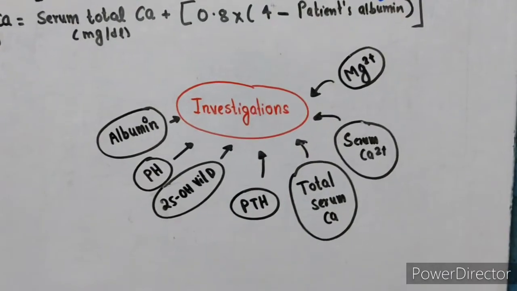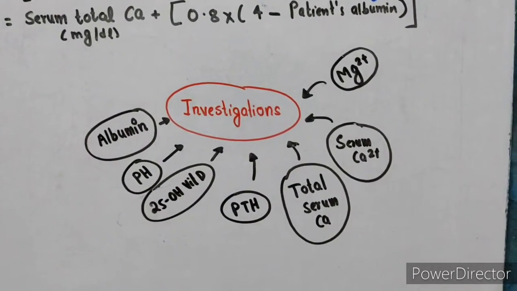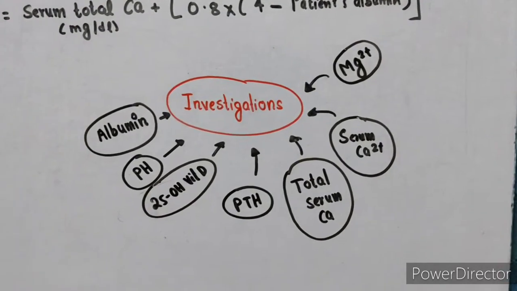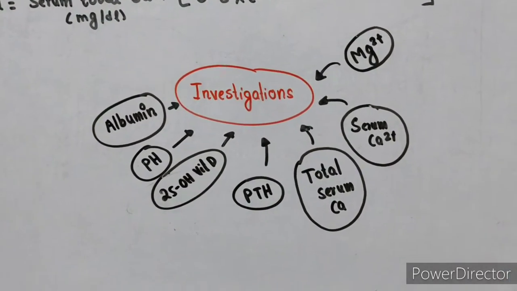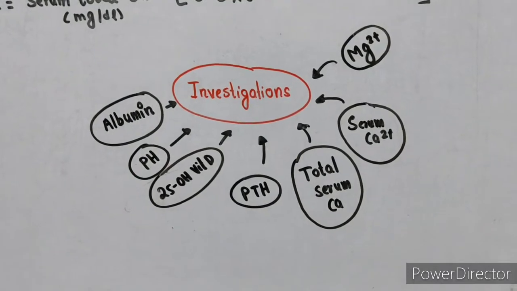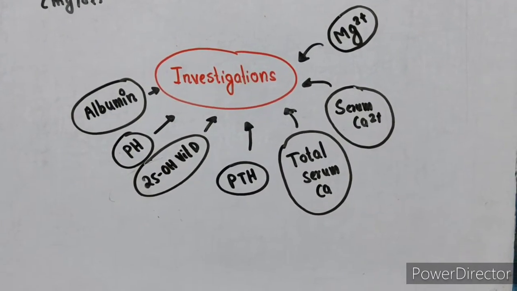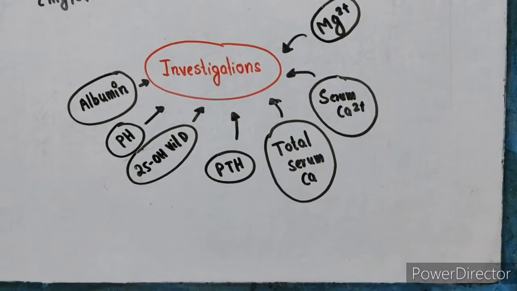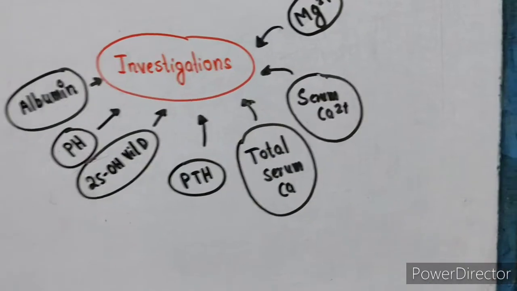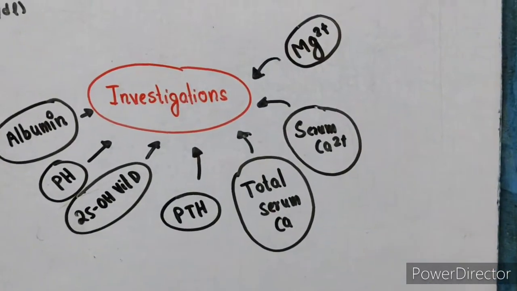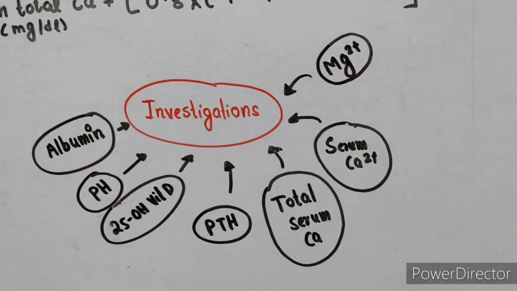These are the basic investigations required for finding out the cause of hypocalcemia: serum albumin, pH from arterial blood gas analysis, 25 hydroxy vitamin D level in the blood, parathyroid hormone level in the blood, total serum calcium, ionized serum calcium, and magnesium level in the blood.